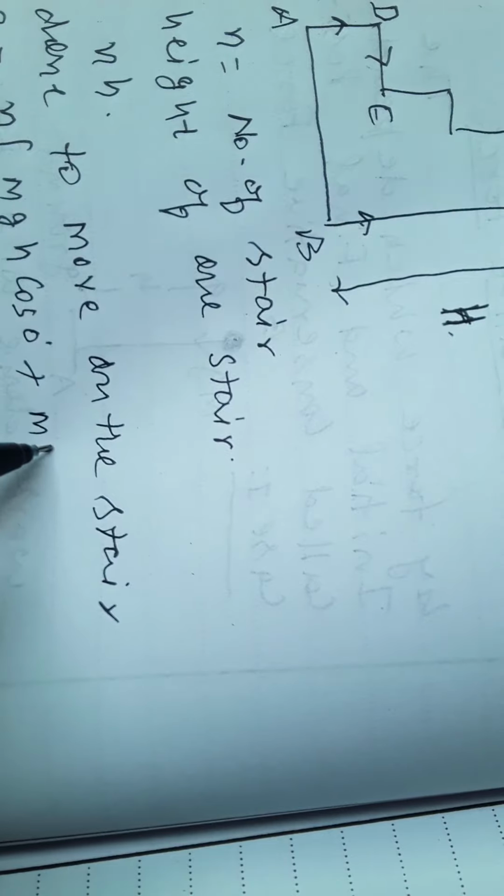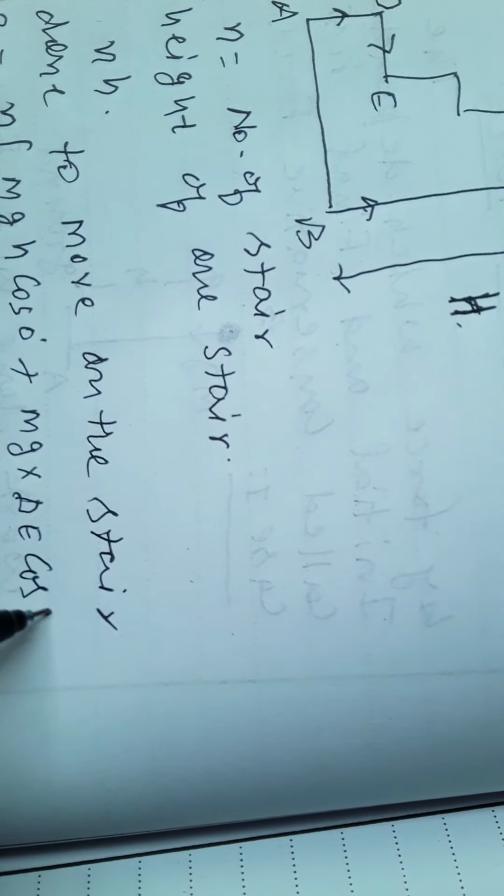Now, to move from the point D to E, this direction is perpendicular, so we can write mg into distance DE into cos 90 degree. Cos 90 is 0.